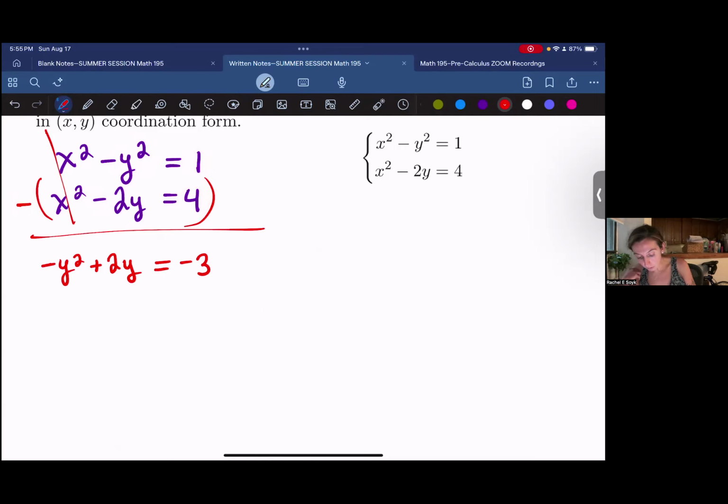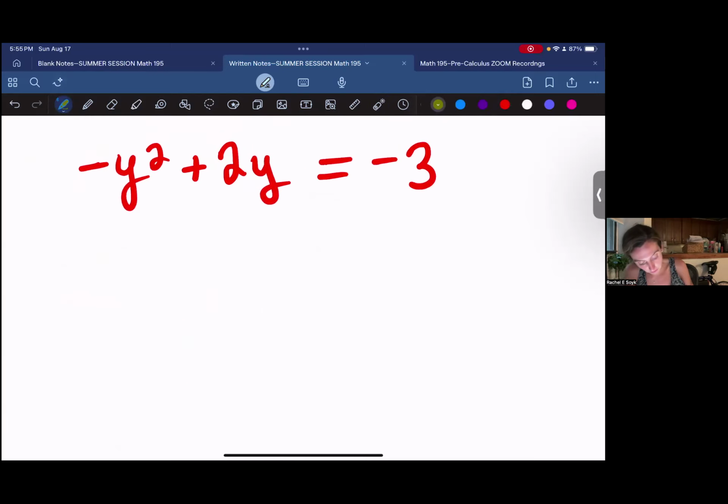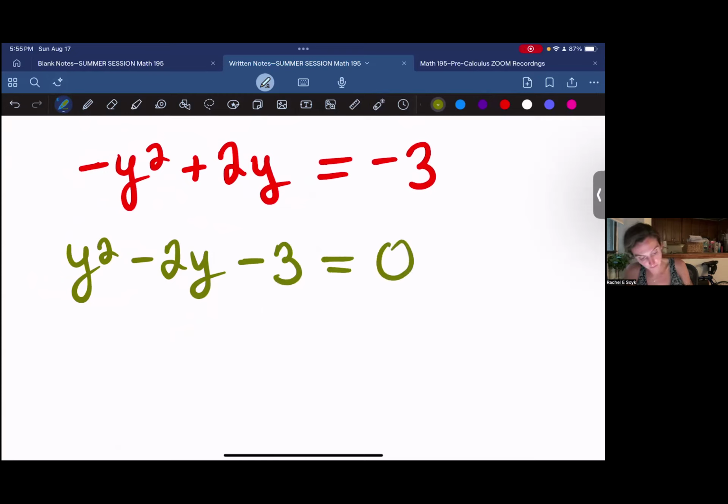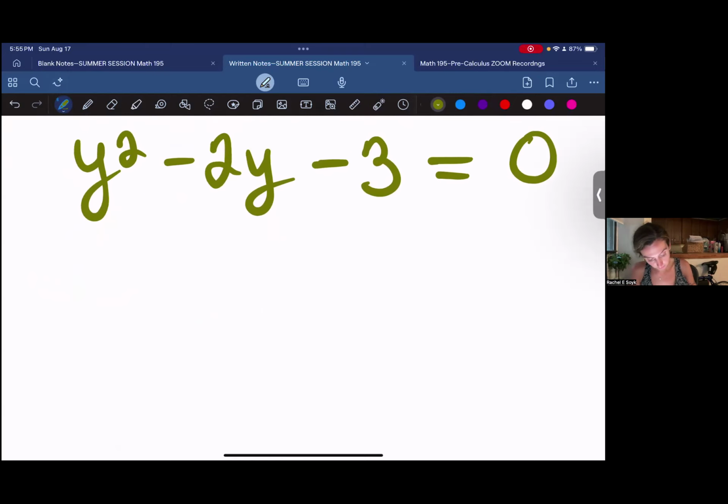So what I'm going to do is move these guys over to my right-hand side. And so when I do, I'm left with y squared minus 2y minus 3 is equal to 0. And now we can factor this.